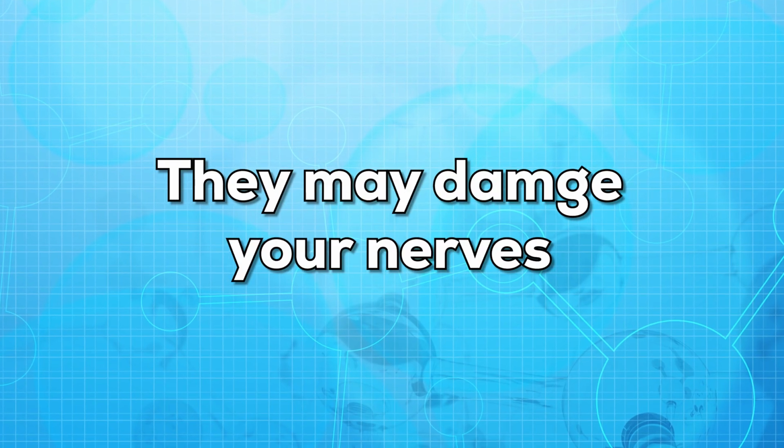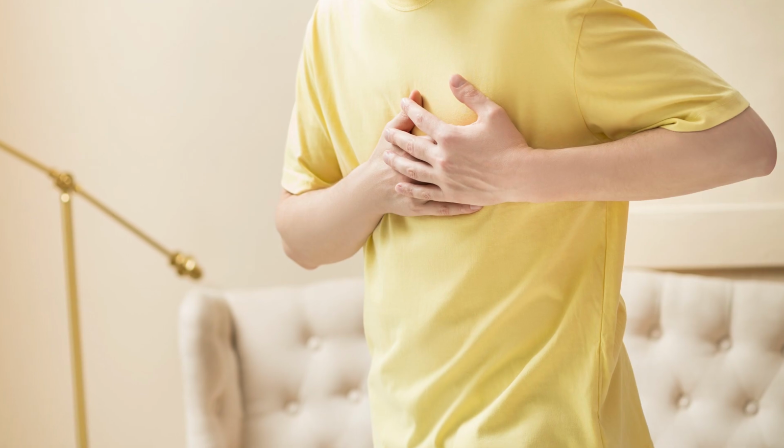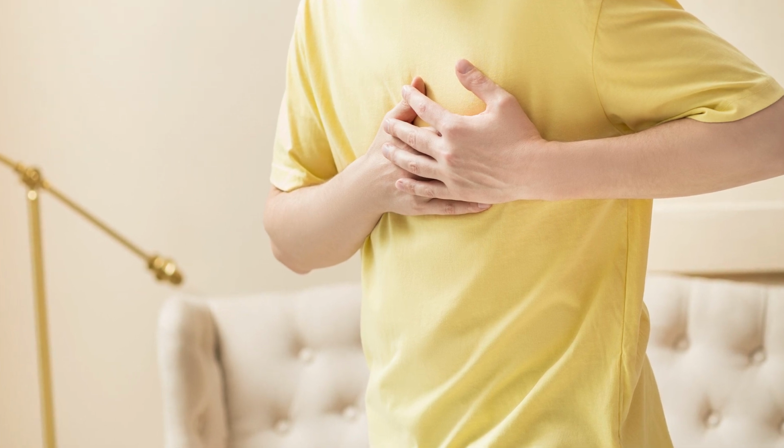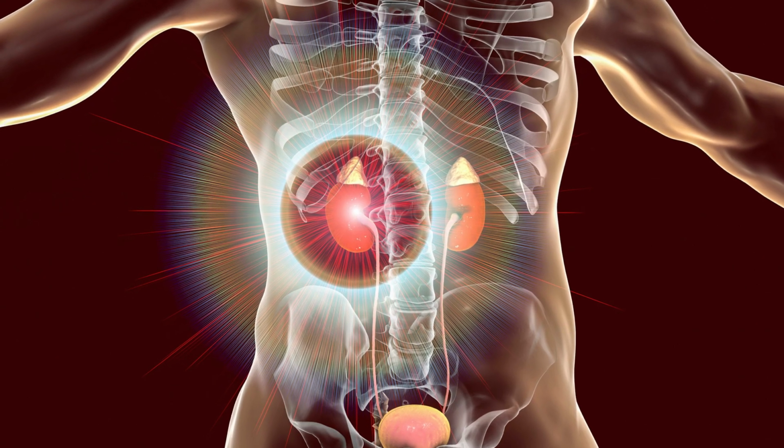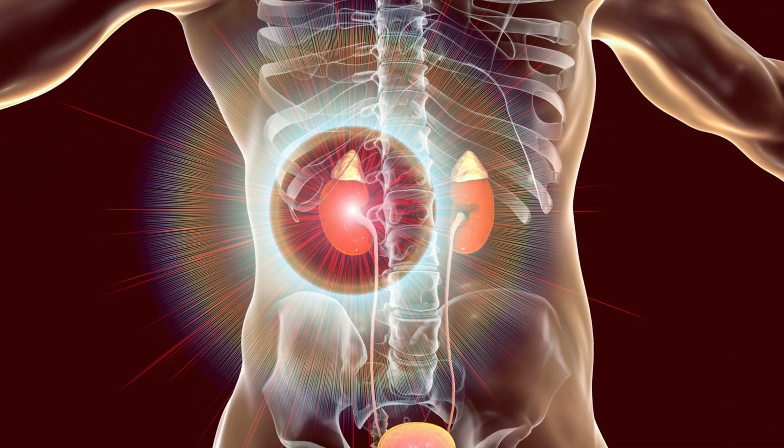They may damage your nerves, your tissues, your kidneys, and your blood vessels. Damage in blood vessels can lead to heart stroke and heart attack. And damage in nerves may lead to some irreversible health conditions. It can also damage your kidney, which in result may have other severe problems.